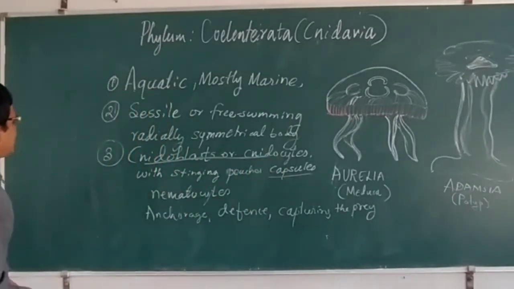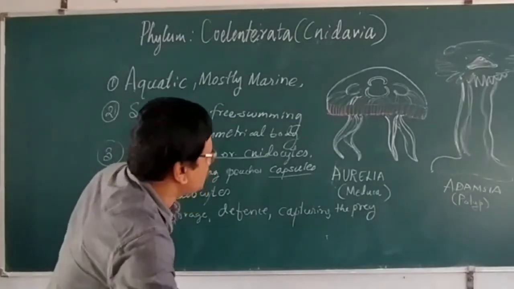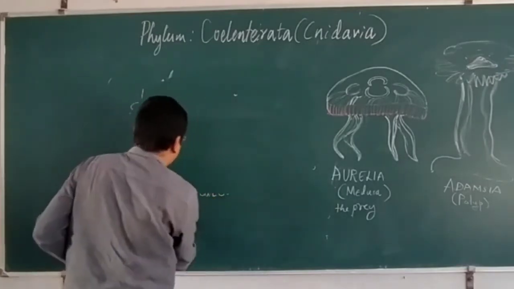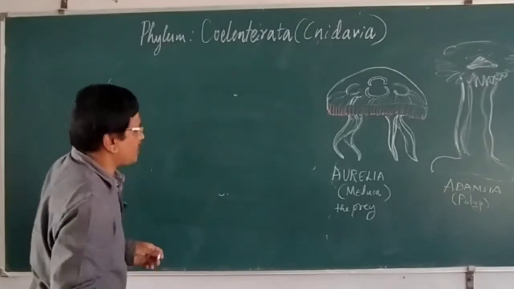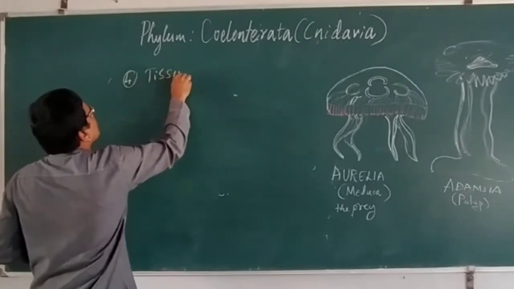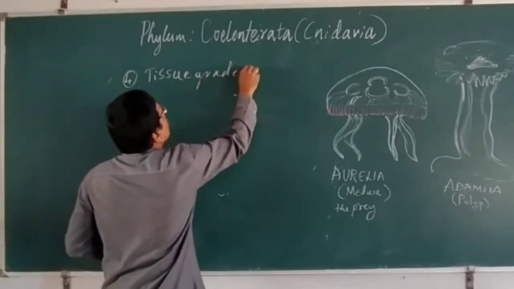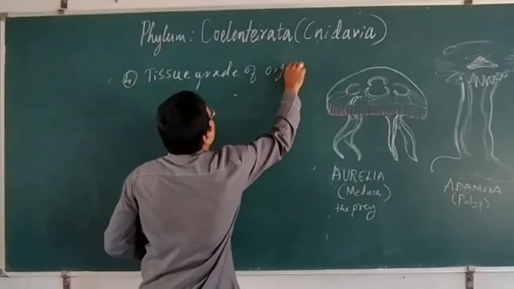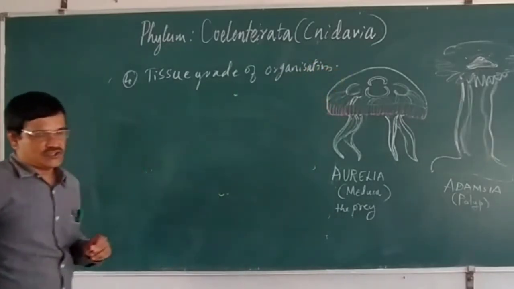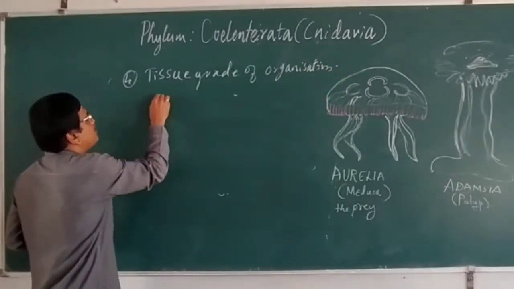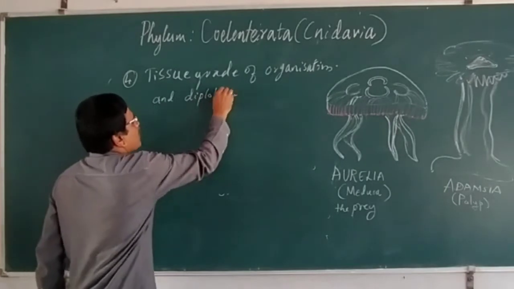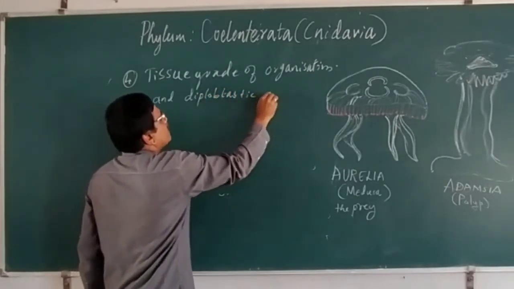Then coelenterates exhibit tissue grade of body organization, and they are diploblastic animals.